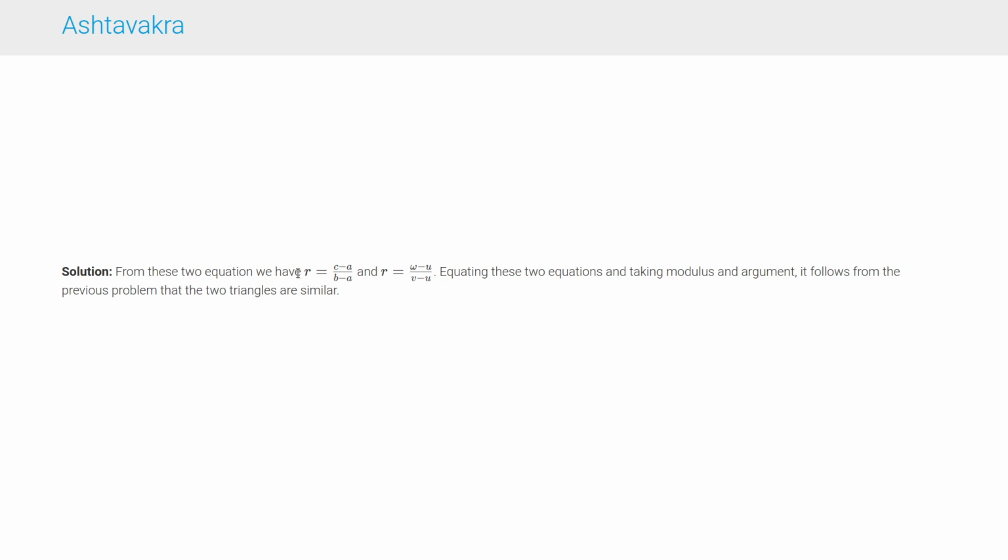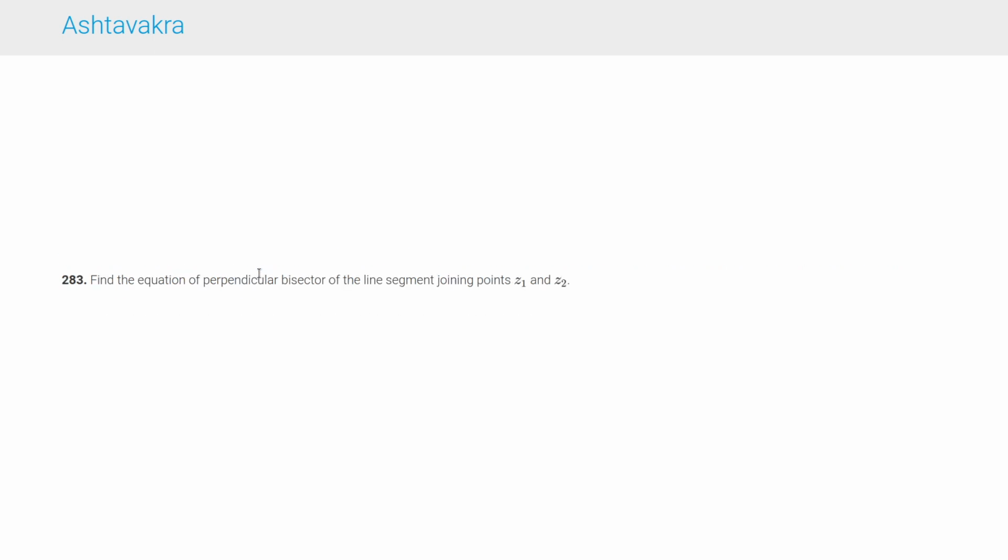So from the given equations, we have r is equal to (C minus A) by (B minus A) and r is equal to (W minus U) by (V minus U). We equate these two equations, take modulus and argument, and like the previous problem, we have the condition of similarity for two triangles.